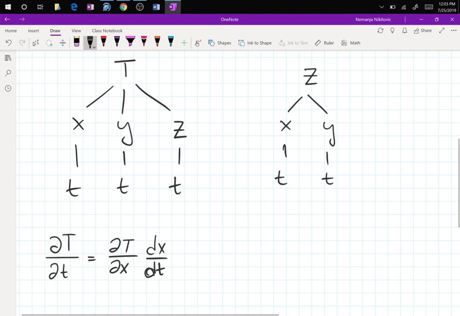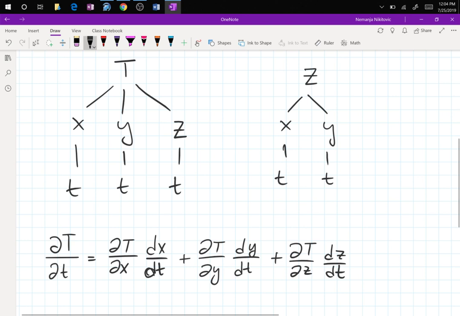So partial derivative of T with respect to x, dx dt, plus partial derivative of T with respect to y, dy dt, plus partial derivative of T with respect to z, dz dt.